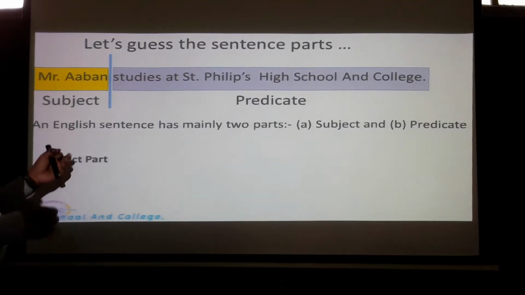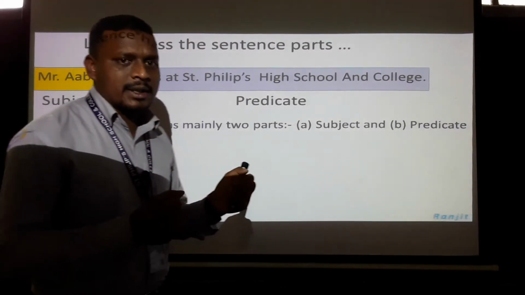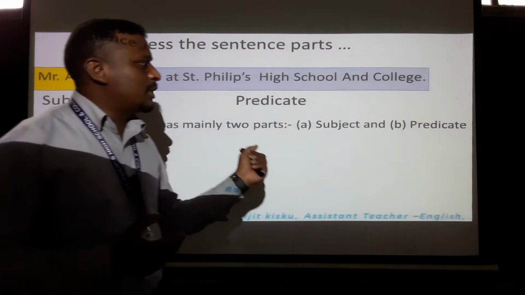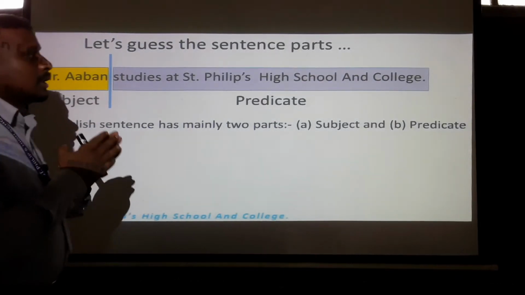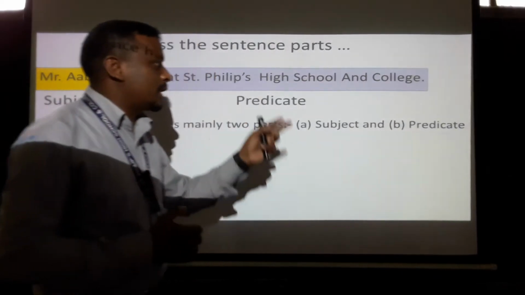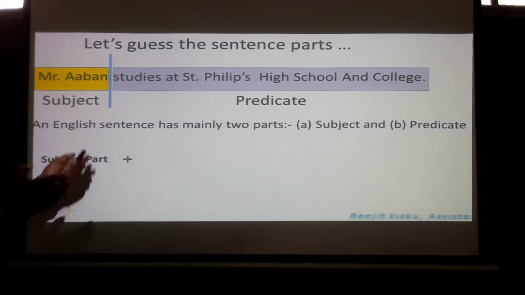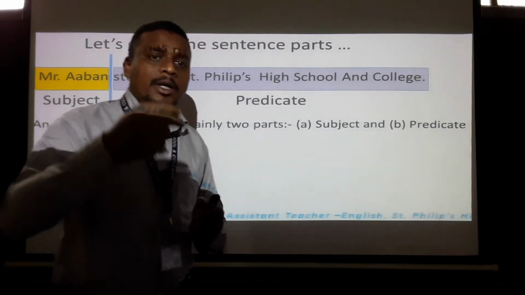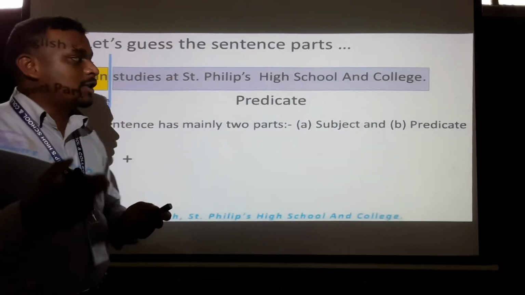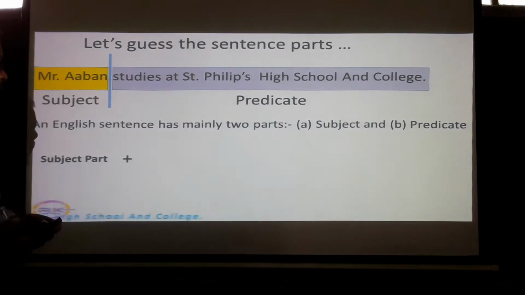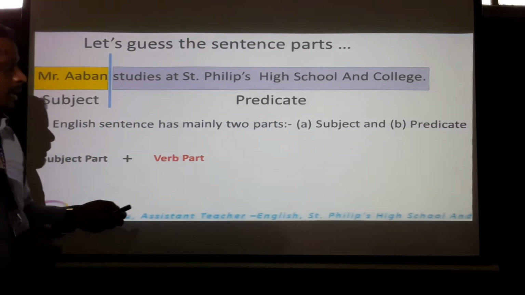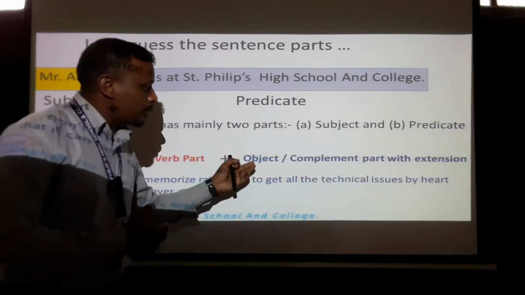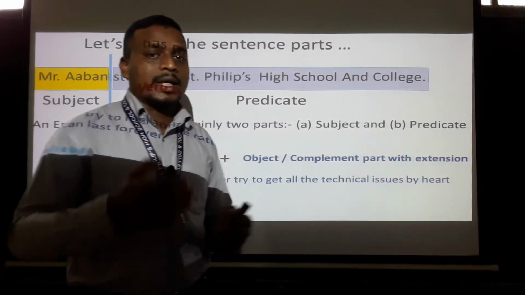An English sentence has mainly two parts, subject and predicate. And there are some subdivisions in the predicate part. The predicate part contains the verb and the object or complement with extension. So we get the subject, then the verb part, and the other one is the object or complement word with extensions.